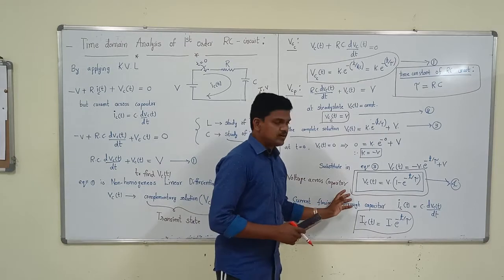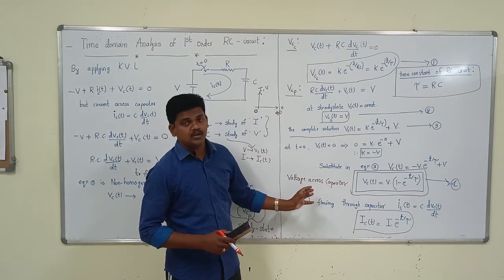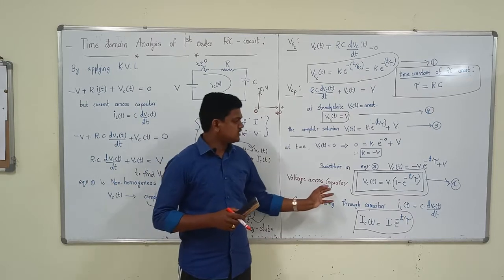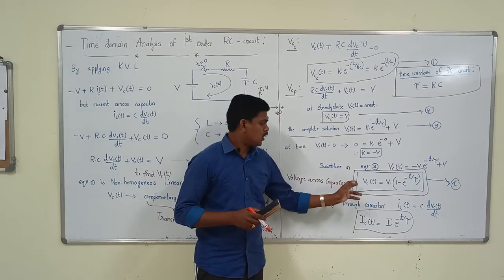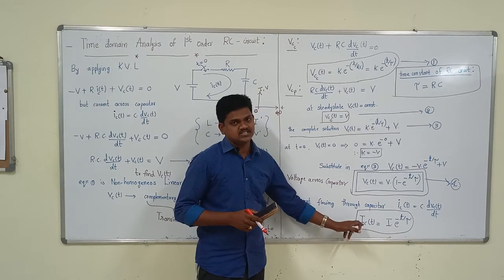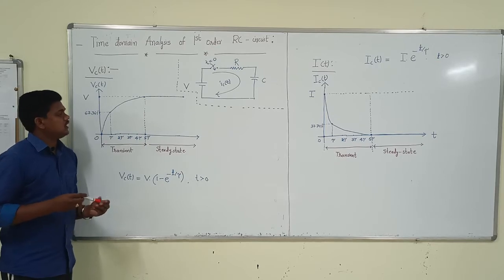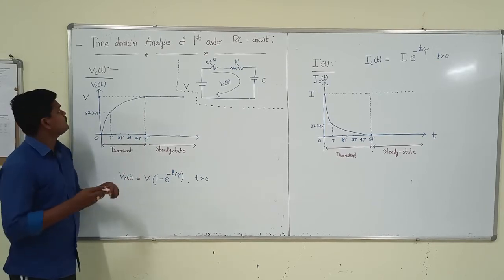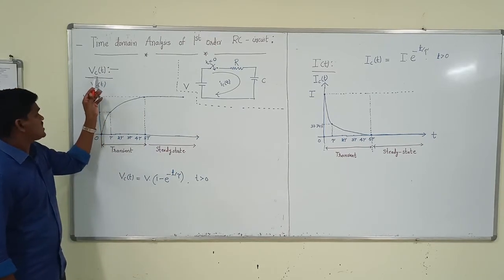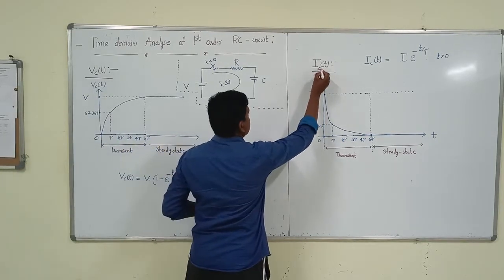Now we will look into how the graph varies with respect to time. By varying the time, how the voltage across the capacitor changes and how the current through the capacitor changes. Now we will discuss the waveforms of Vc of t and Ic of t.